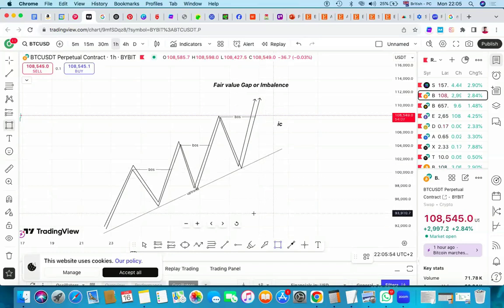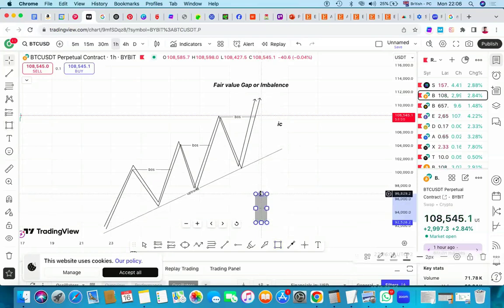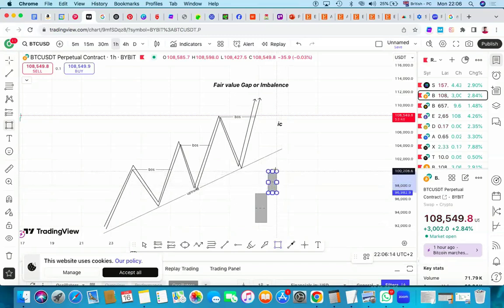Let's say in the first scenario, the most bullish scenario is when you see three Marubozu candles forming without a wick, forming like this.